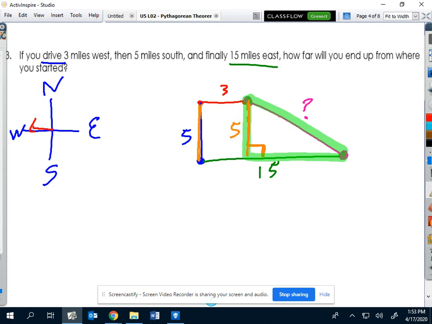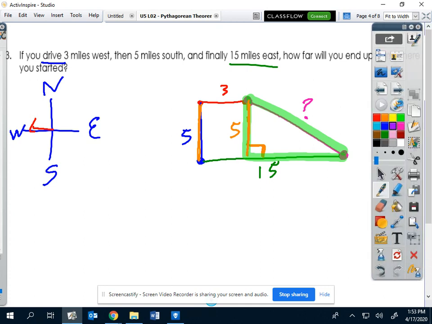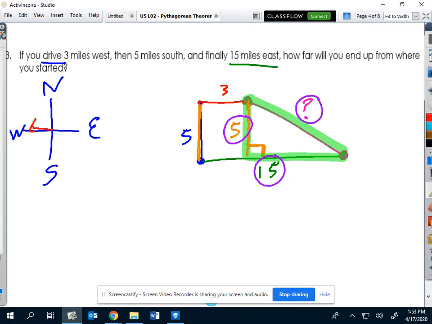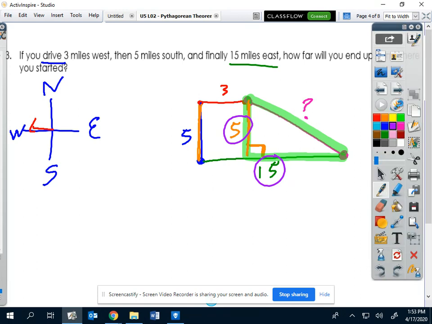So it's got to be 5, right? And then if you make a mistake, the mistake is to just jump in with 15 and 5 and try to figure out the hypotenuse. That would be a mistake because this bottom side isn't actually 15, right? The whole thing was 15, right? But now we've actually cut it into 2 different sections.